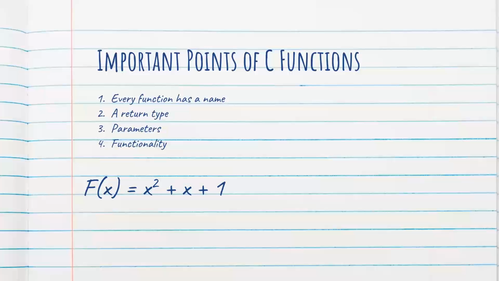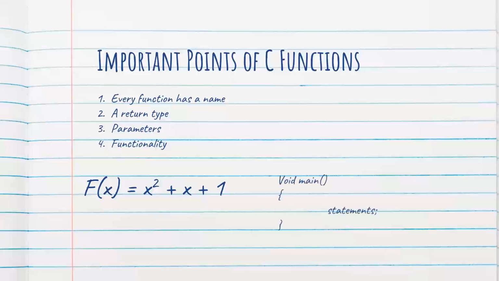So for example, if we write f(1), it will return 1 squared plus 1 plus 1, it will return 3. So if we are finding f(1), the answer is going to be 3. If we are finding f(2), the answer is going to be 7, I guess. So every mathematical function also returns a value. It contains a name, a parameter, a functionality, and a return type.